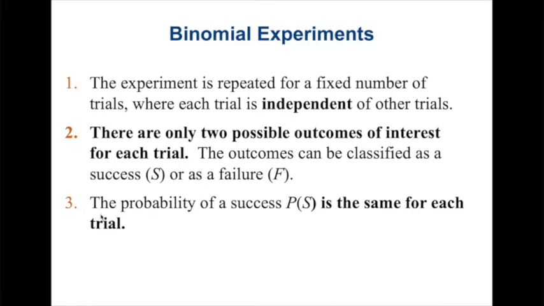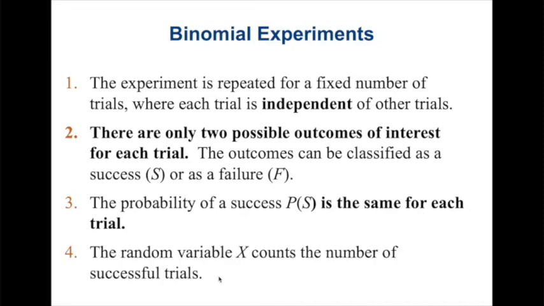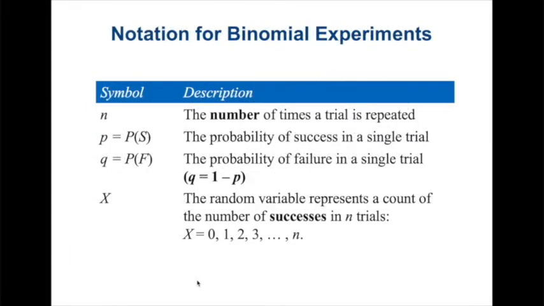Number three, the probability of a success, usually labeled P of S, is the same for each trial. And lastly, the random variable X counts the number of successful trials.